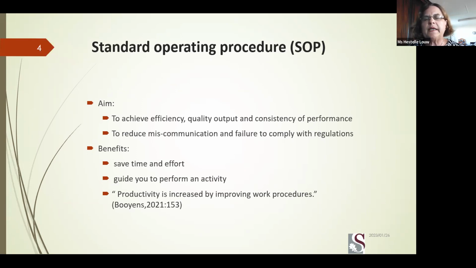Then the benefits. What do we get out of policies? Sorry, I'm so used to saying policies and SOP, I mean. First, you save time and effort. You save time in the sense that a person knows exactly what you're going to do, gets ready the stock and the equipment they're going to need, and is not running around going to a patient's bed, wanting to do a wound care, for example, and then realizing, oh, I haven't got this, running back, coming back, running back for something else, wasting a lot of time and a lot of effort as well.